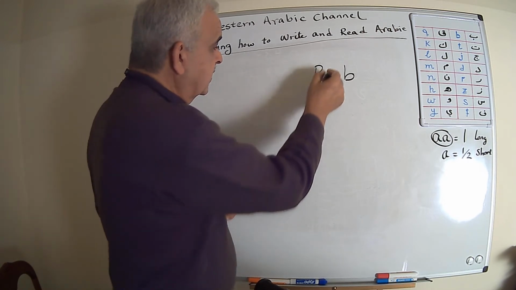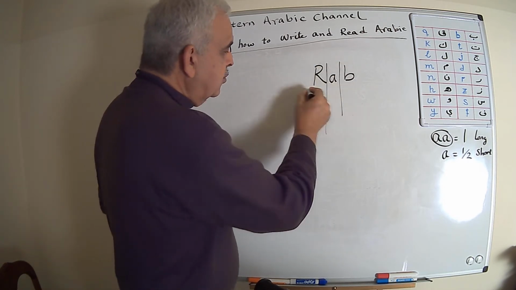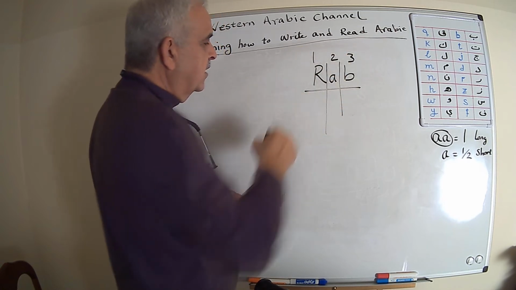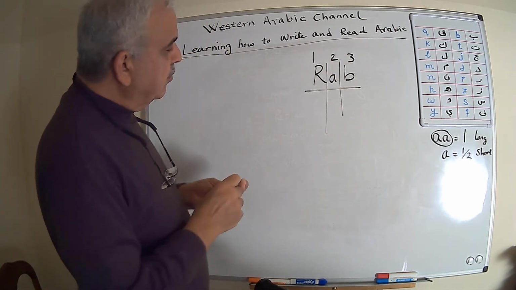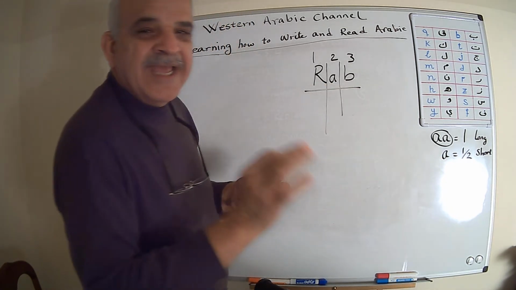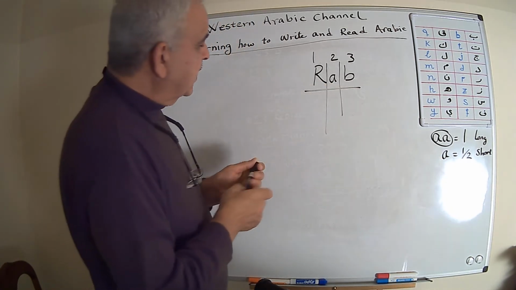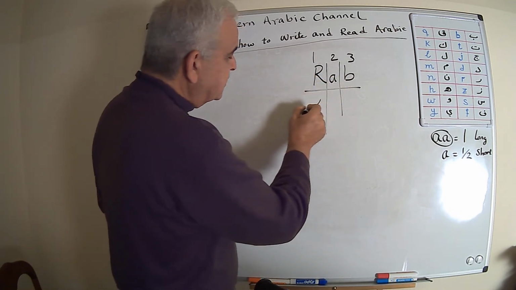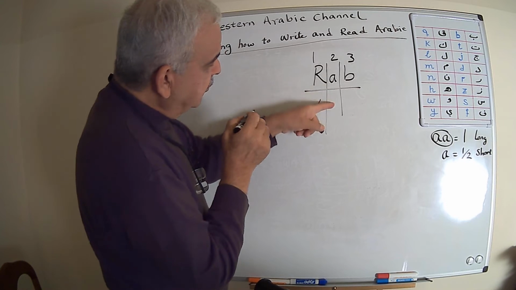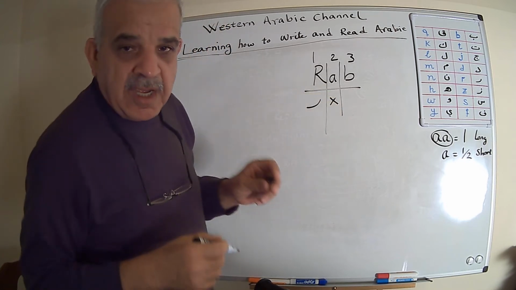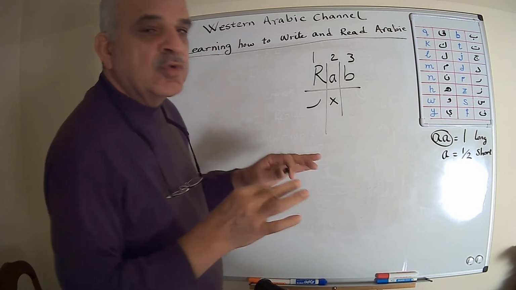So if we divide this into components, number 1, 2, 3, we have 3 components, a single A here, which is the sound A. Now if we replace those, we'll find that this is Ra. And for the A, we don't use anything here because we are not dealing with the grammar, and there's no tashkil.